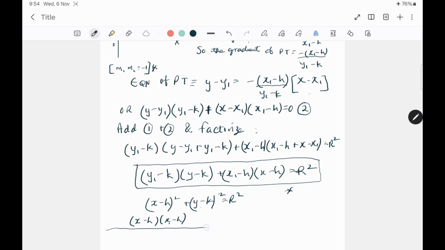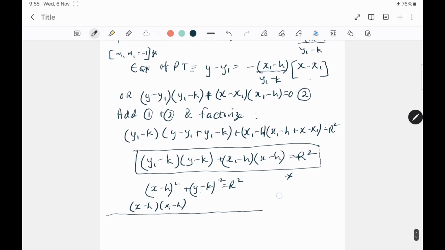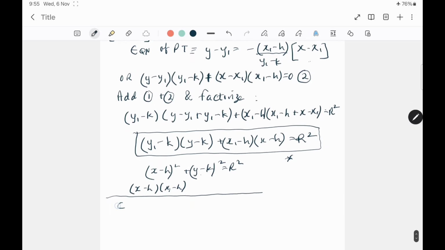So, we'll now just do a little example to illustrate that.